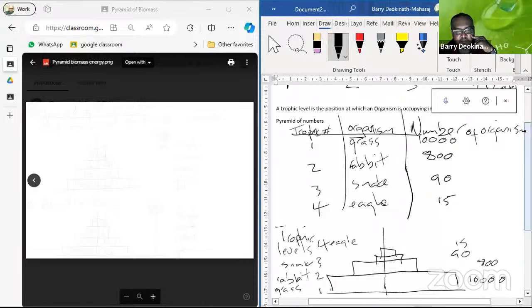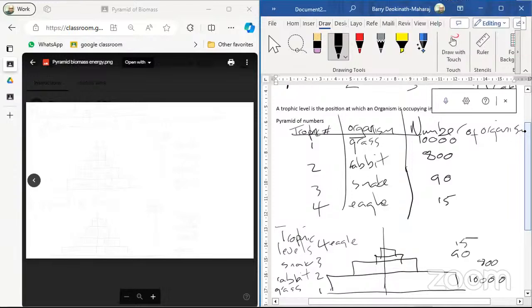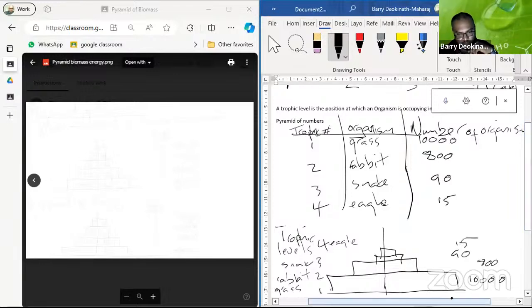What numbers did we use to construct this graph to get the size of each trophic level? We used the trophic number, the numbers of the organisms in the ecosystem. Very good. So we use the numbers of each trophic level to get that. So this here is called the pyramid of numbers. This is the first ecological pyramid.